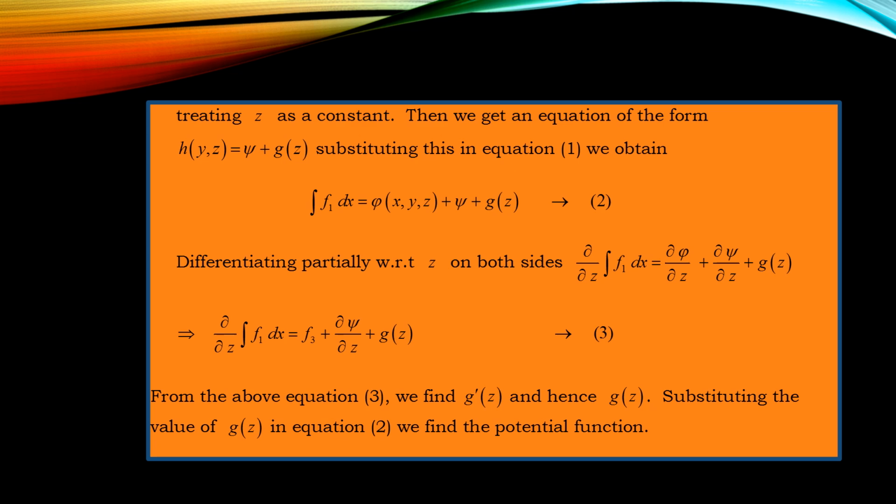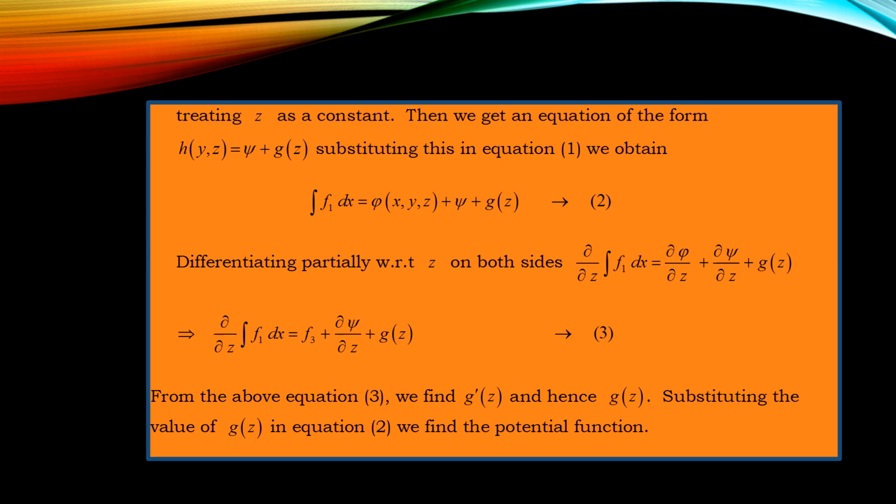In this present equation, we know the values on the left hand side. On the right hand side, we know the ψ value. We need to find out g(z). To find out g(z), we take this equation integral f1 dx equals φ(x, y, z) plus ψ plus g(z).